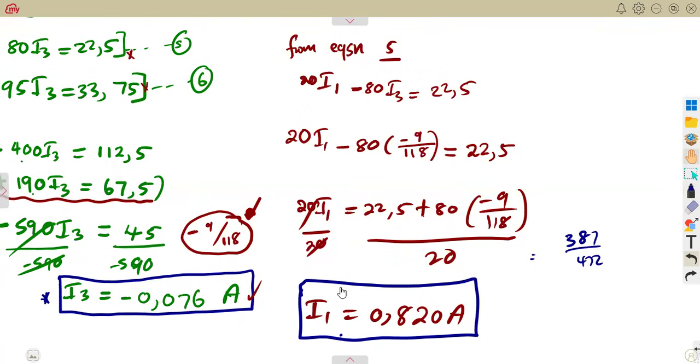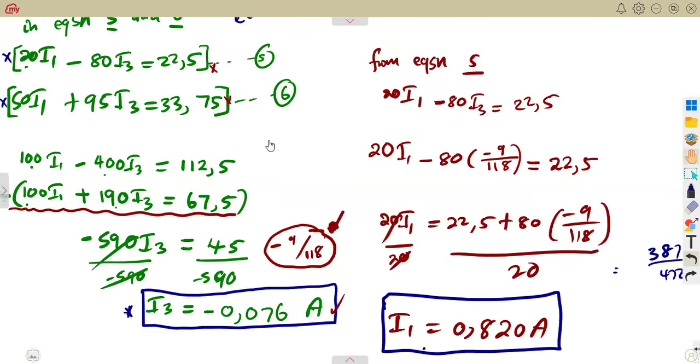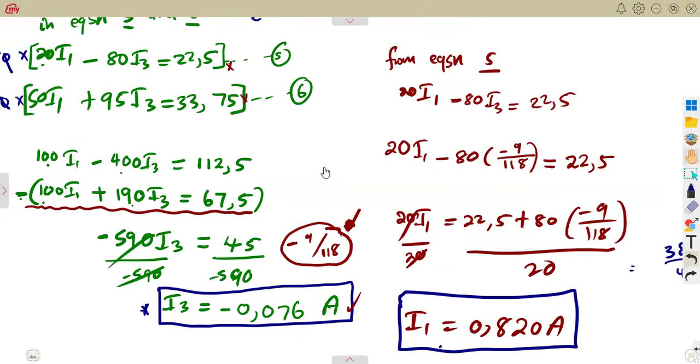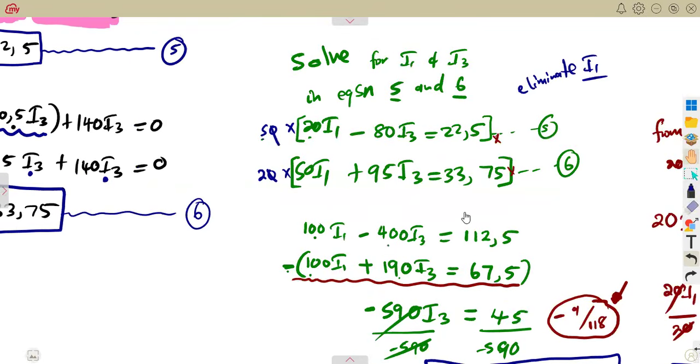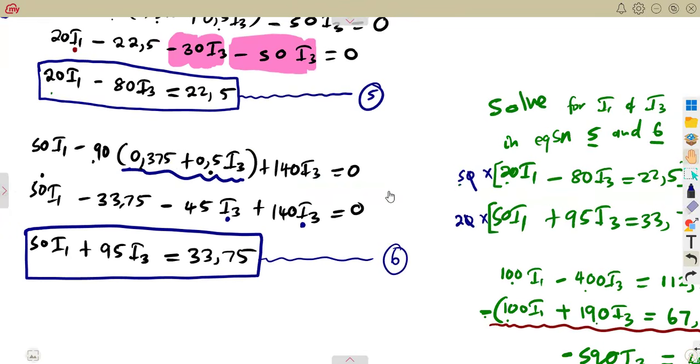So whenever you are to substitute it like that, I1 is there. So we have I1, we have I3, now we are left with I2. Which equation is best for us to use to calculate I2? We can't use these two equations here because we do not have I2 here. There's only I1 and I3. So we must trace back where we have I2. If we trace back, in equations 5 and 6 we don't have I2.